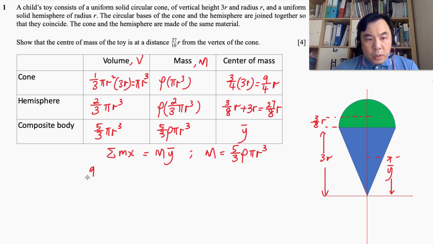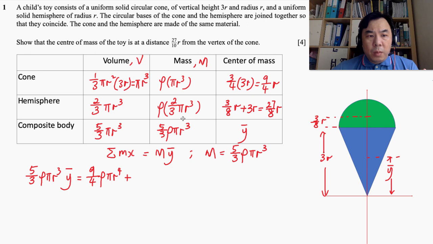In this case, we will have 9/4 rho pi r to the power of 4 here. And then that will be the same as 5/3. All right. Okay, now this is given as such. And then we need to add up the moment for the hemisphere. Now, in this case, if I try to simplify that, I would get 9/4 also.